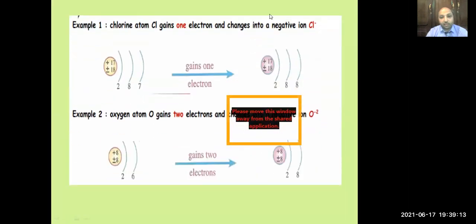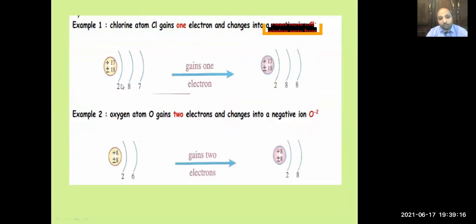First example, example number one, chlorine. Let's see the electron configuration of the chlorine atom, K, L, M. Here K has 2 electrons, L 8 electrons, and M 7 electrons. Here the chlorine atom tends to gain 1 electron to complete this outermost energy level.